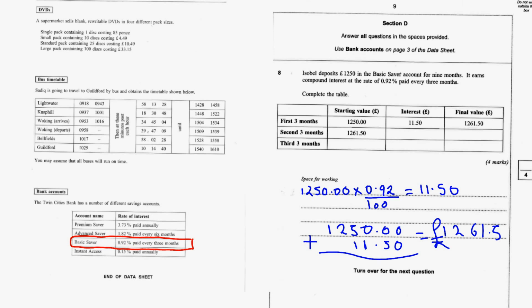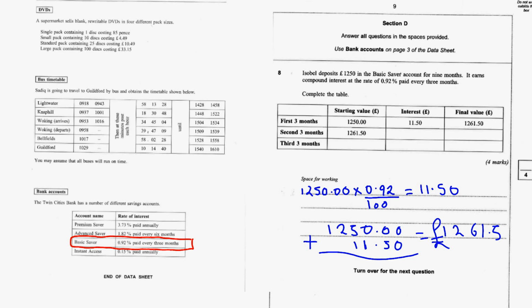So what we do is get the original amount, the starting value, and times it by 0.92, and it's percent, so it's over 100. We tap this into the calculator and we get £11.50. Now this is the interest they've gained.